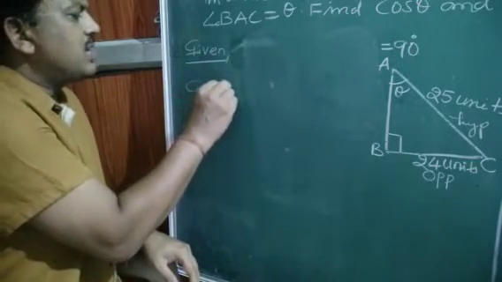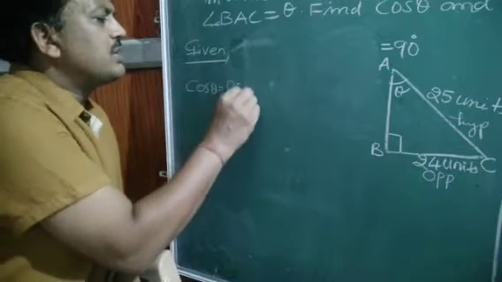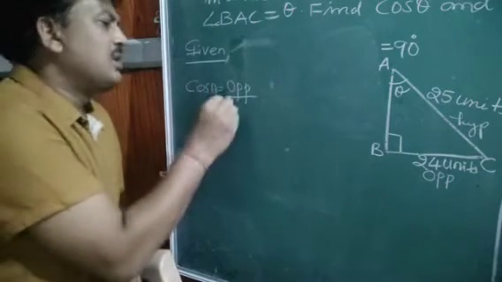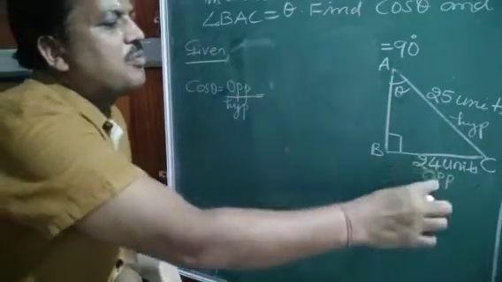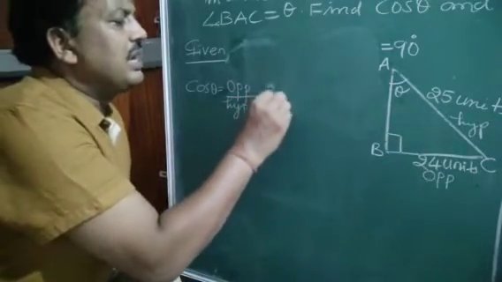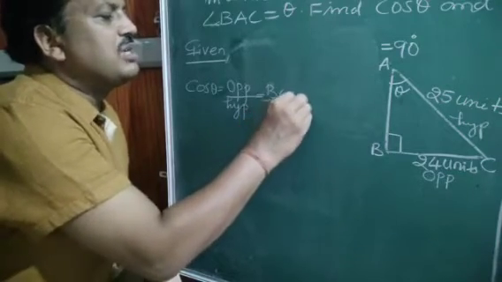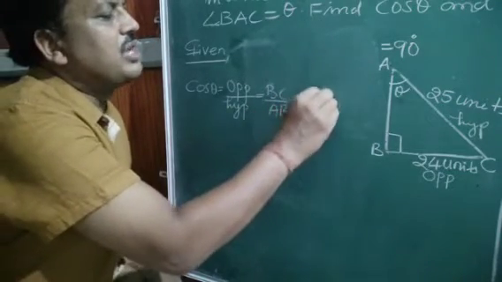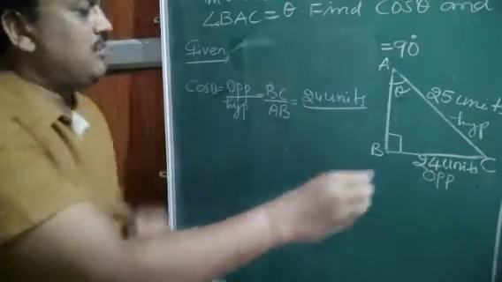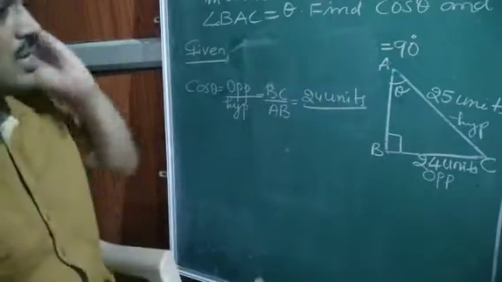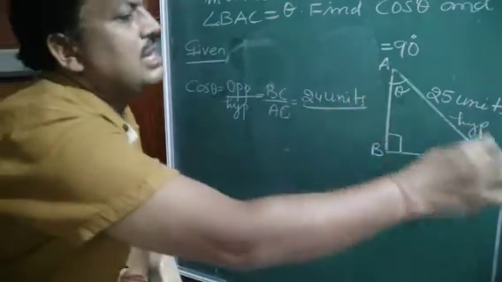Cos theta is equal to opposite upon hypotenuse. With respect to theta, opposite is BC, upon adjacent is AB. BC how much, children? 24 units. Hypotenuse is AC.